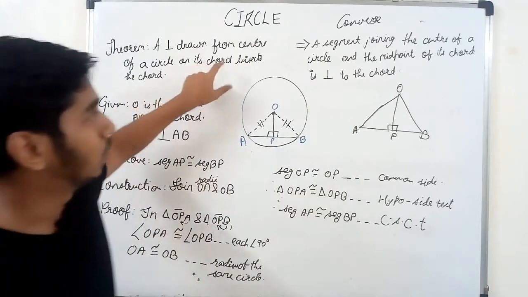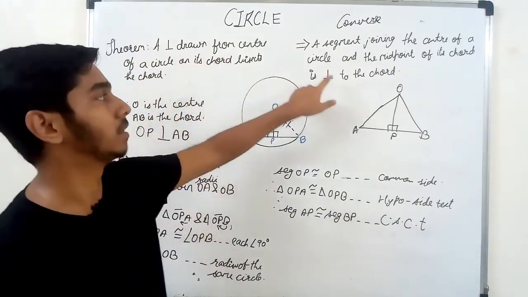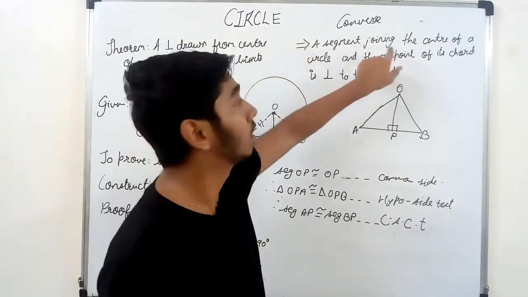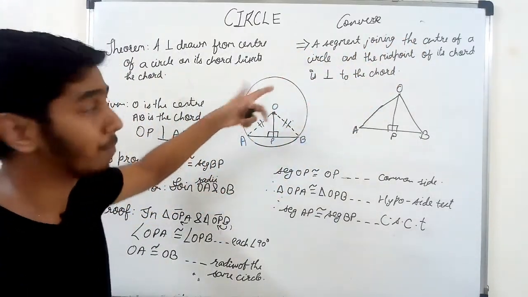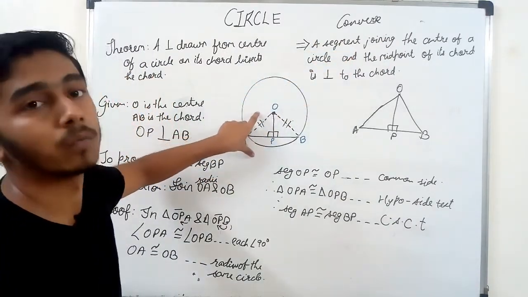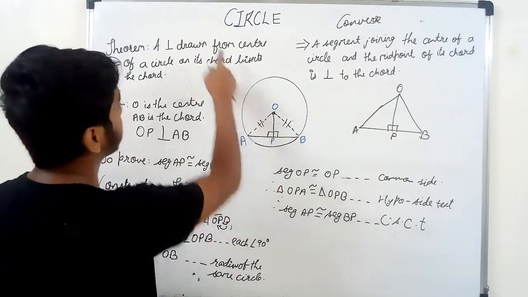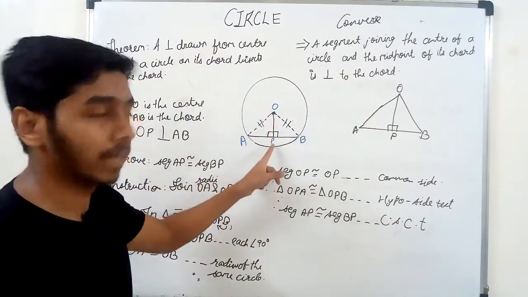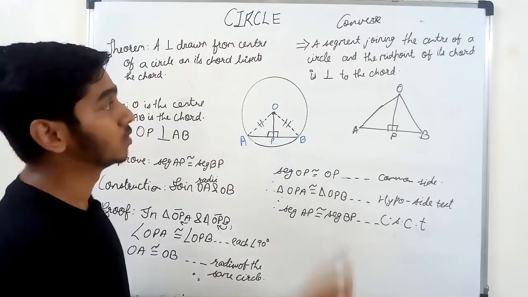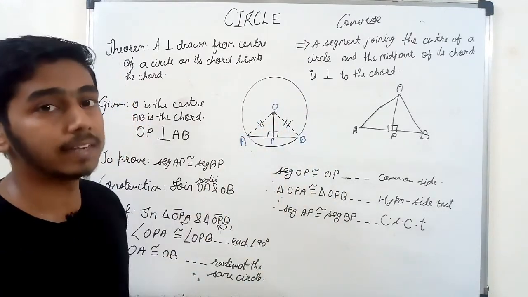Now the converse of this theorem is over here, which says that a segment joining. Before reading the statement itself, try to think of the converse. What does the theorem say? If you draw a perpendicular, it bisects the chord, correct? In the converse, what will it say?